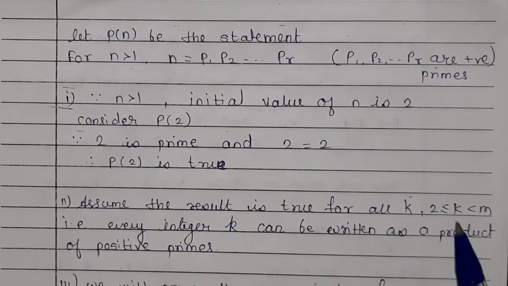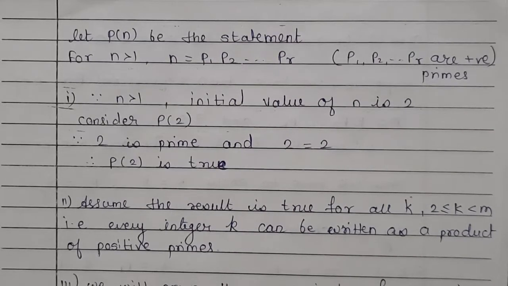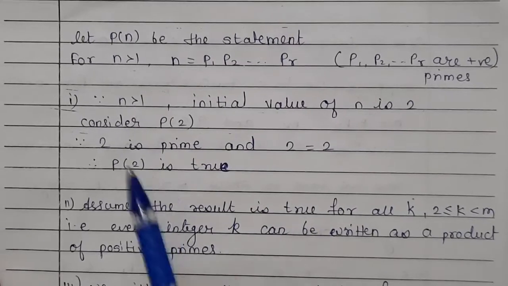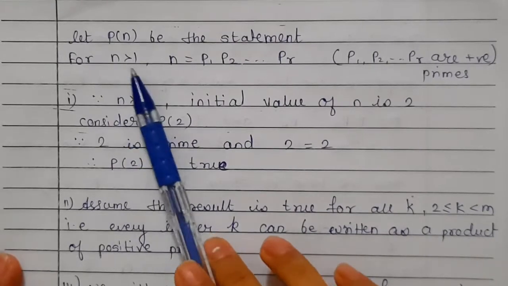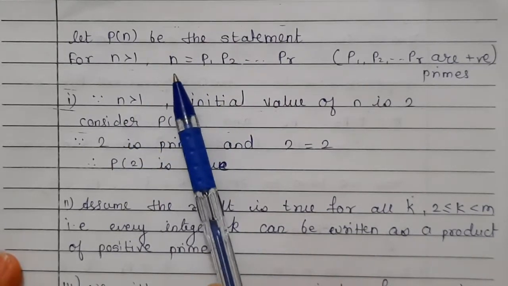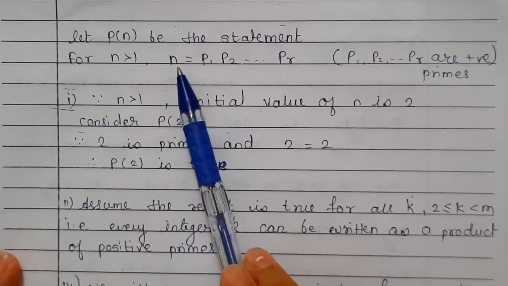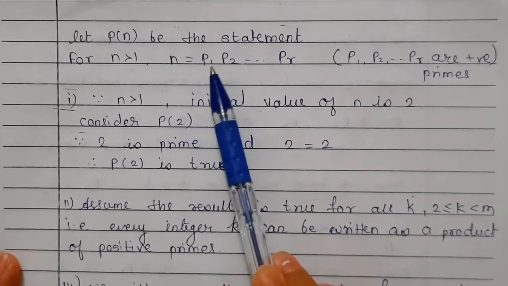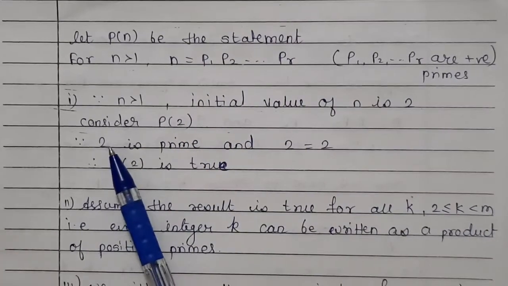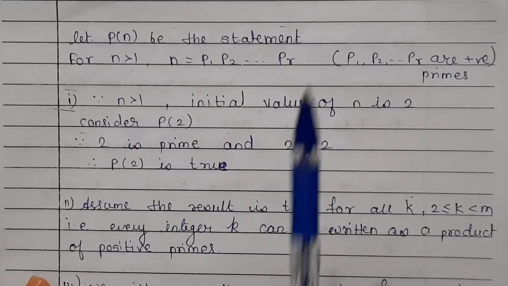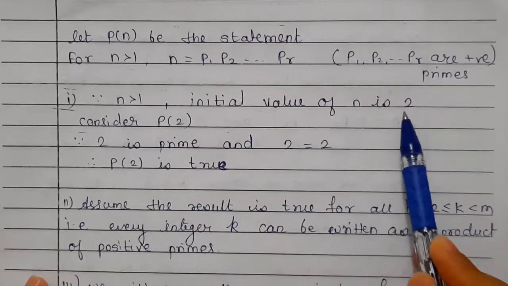As you know the statement of induction, directly we see how to write it. So here we take P(n) as a statement, and we are given n greater than 1. So we are taking some positive primes which make up n. Therefore we write here n is equal to p1, p2, ..., pr, which are positive primes, and by induction we have to solve. We are given n greater than 1, therefore the initial value of n is 2.